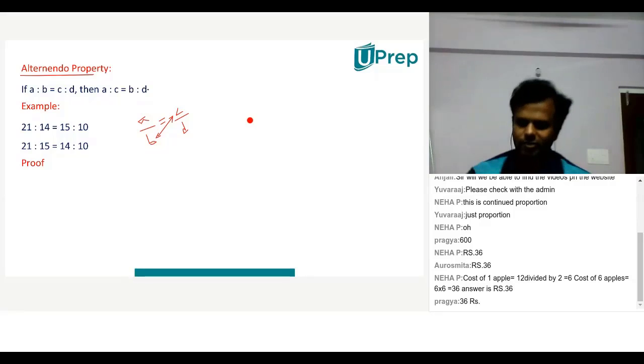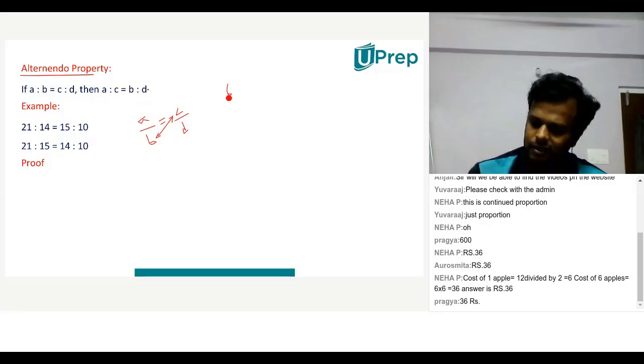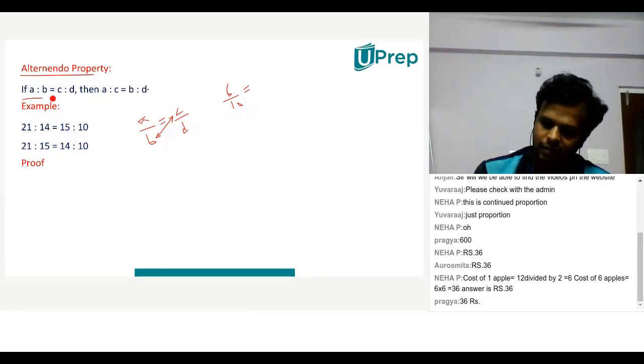No, 6 by 10 cannot be equal to 20 by 30. So we need an equality. I thought we could take random. No, you cannot take random. This is already given to you. Neha, this is already given to you. From this, you're getting this, if they are equal, right?